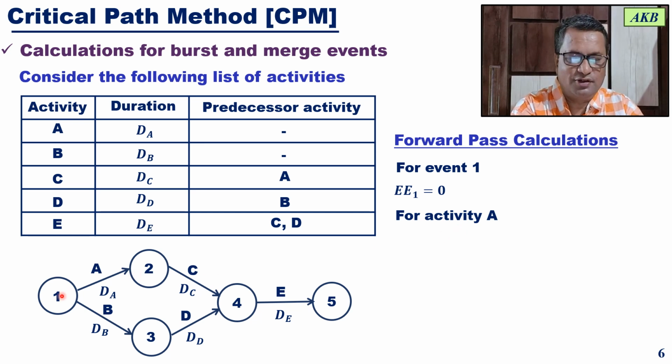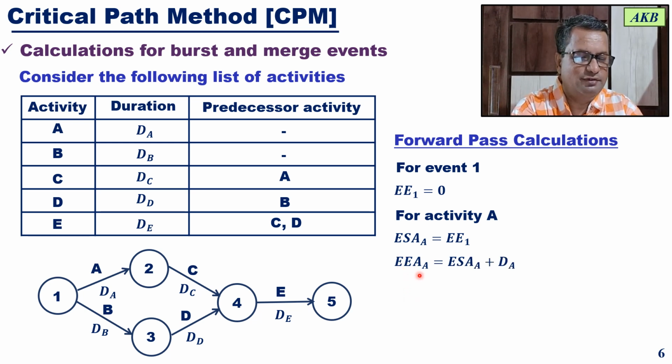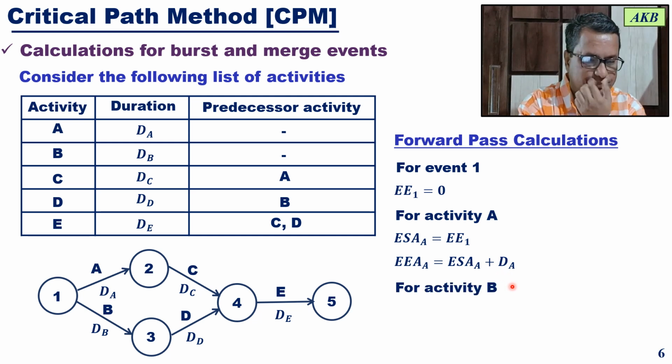Once you have done event 1, you have to do activity A and B. First, activity A. For activity A, the earliest start time will be equal to the earliest event time, EE1. Once the start time is fixed, you get the end time. The earliest end time of activity A is equal to the earliest start time of activity A plus the duration of activity A.